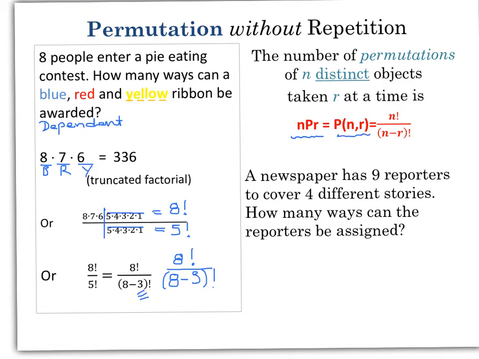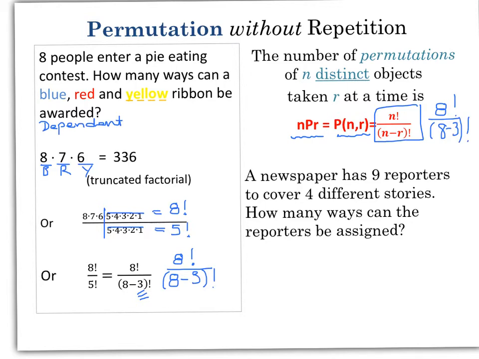Realize it's not an ordered pair. P of n comma r is really just a way of representing this formula here. This is what's most important. So this is what we just did. This was our 8 factorial over 8 minus 3 factorial.